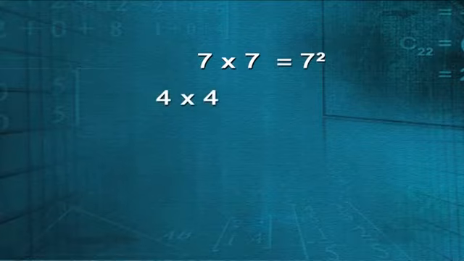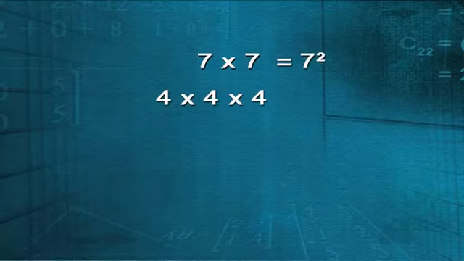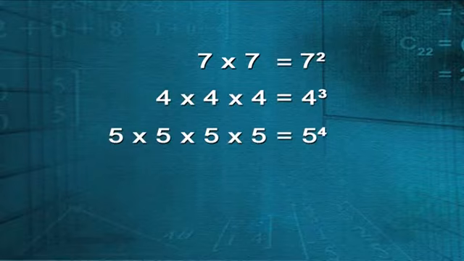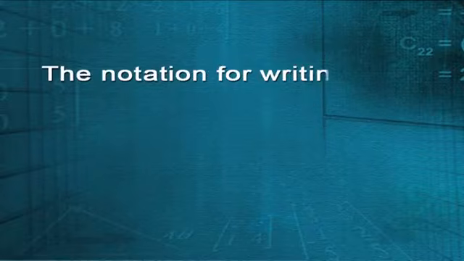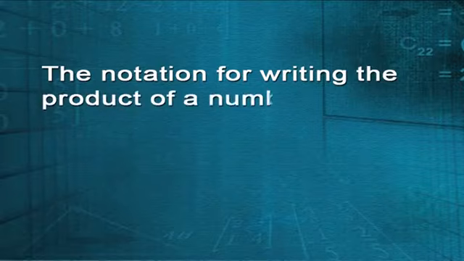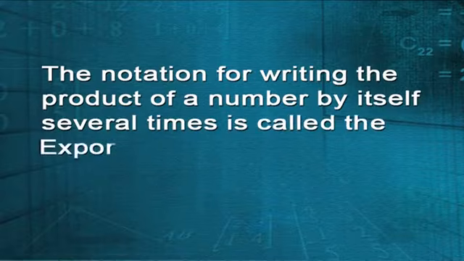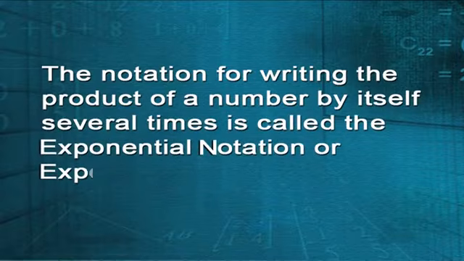This is written as 7 to the power 2. 4 into 4 into 4, 4 multiplied by 4, 3 times, is written as 4 to the power 3. 5 into 5 into 5 into 5, 4 times, is written as 5 to the power 4. So, the notation for writing the product of a number by itself several times is called the exponential notation or exponential form.